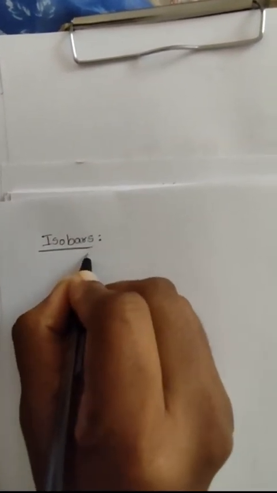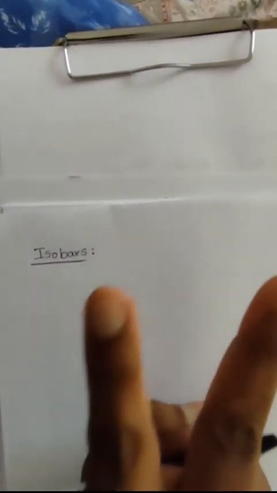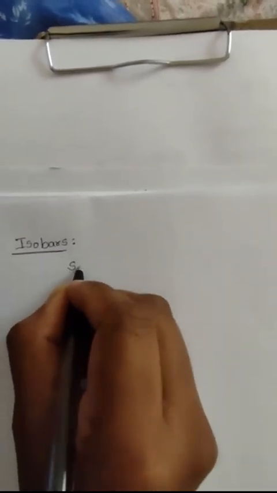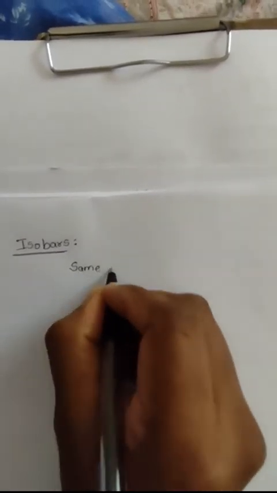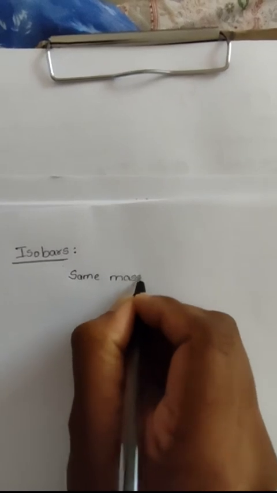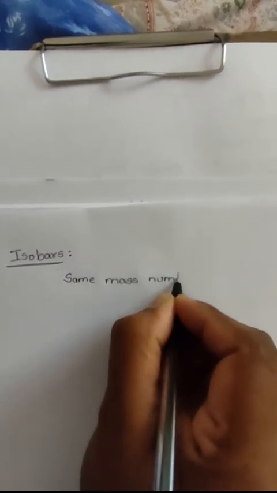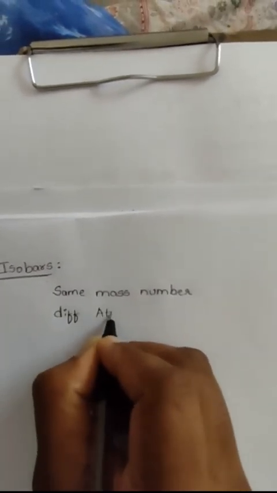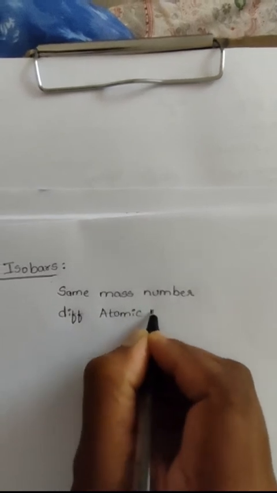Isobars means two elements or two atoms containing the same mass number and different atomic number.